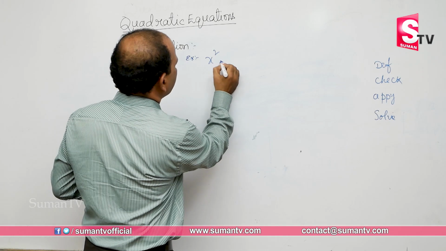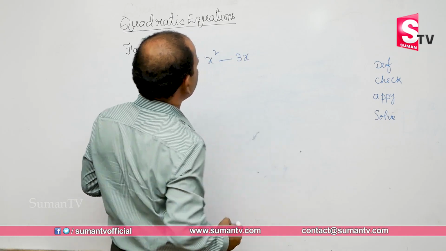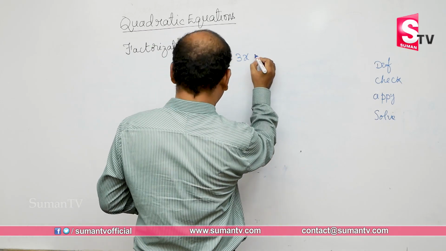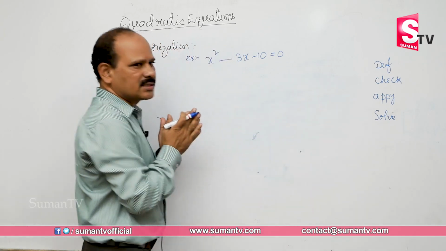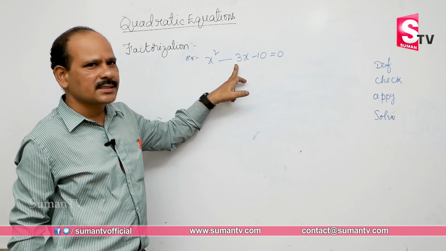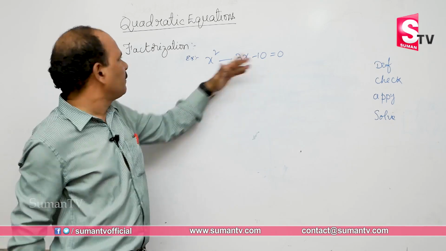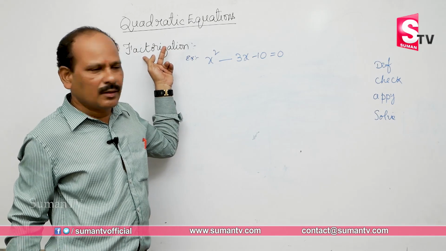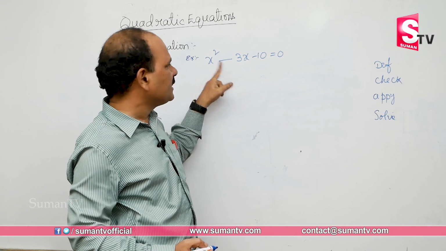X square minus 3x minus 10 is equal to 0. Okay, listen. In the second example, x square minus 3x minus 10 is equal to 0. How to solve this problem by using the factorization method? Now, in the first step, I have to multiply a and c.